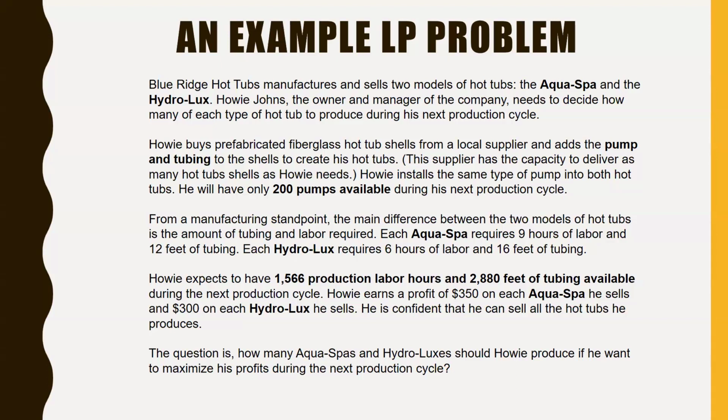And the profit is $350 for each Aqua-Spa and $300 for each Hydro-Lux. After you produce and sell each one, you get that profit: 350 for the Aqua-Spa, 300 for the Hydro-Lux.